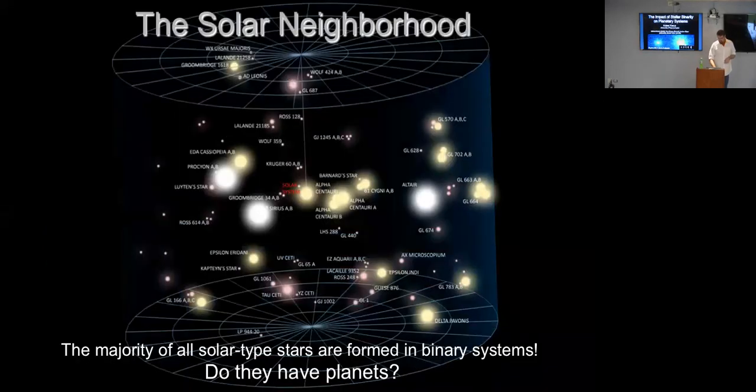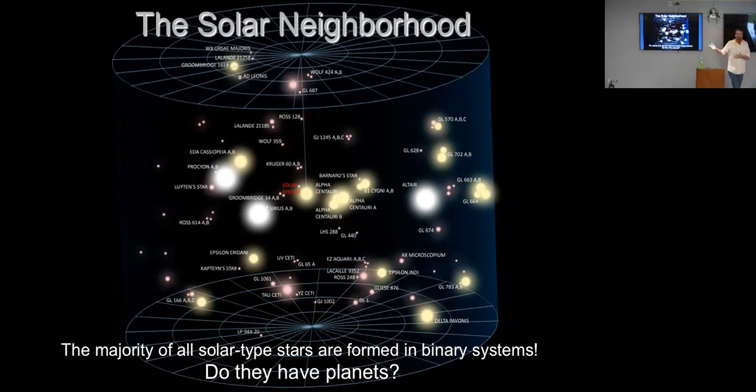And how can this inform our knowledge of the star and planet formation process? Okay, so to motivate this, I like to start with this figure that I think is an updated version of something I first saw in an 80s era National Geographic, which is a map of the solar neighborhood. These are the stars out to presumably 5-ish parsecs, judging by the names of the stars on the edges of the figure.